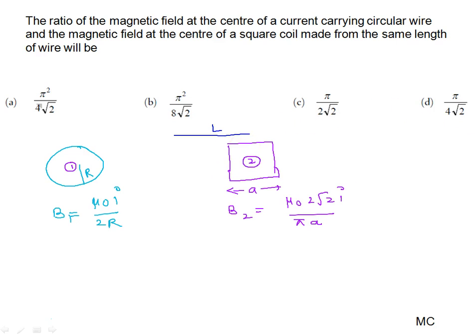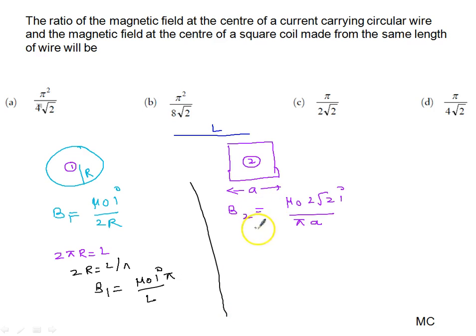So let me write what I can say here, 2 pi r equal to L. And what is 2r? 2r equal to L upon pi. So what is B1? B1 can be written as mu naught I upon L upon pi, pi I can take here.